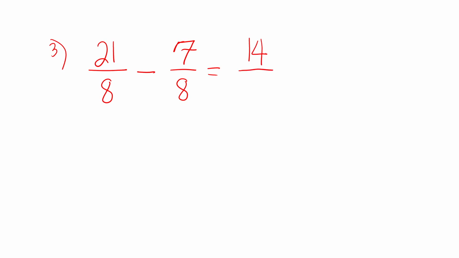Then you copy the denominator and simplify. Simplify 14 over 8. What's the common factor? 2. Very good. Divided by 2. What will be the simplest form? 7 over 4. I agree with your classmate. That's 7 over 4.